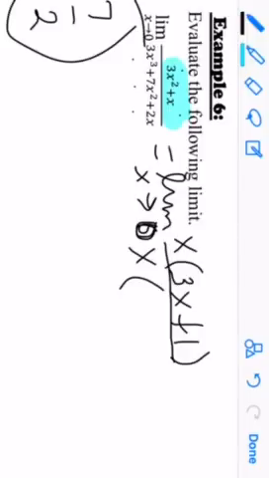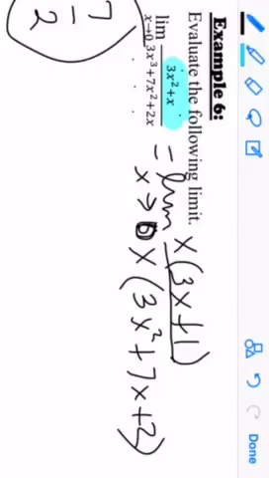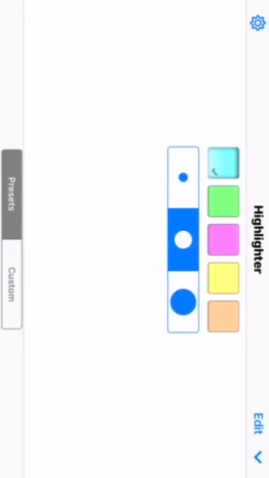Okay, so if I take an x out of every group, now we have 3x squared plus 7x plus 2. Okay? So clearly those x's will cancel out. All right, and a good hint is that one of your other factors should be 3x plus 1. Okay, but now we just have to factor that trinomial.